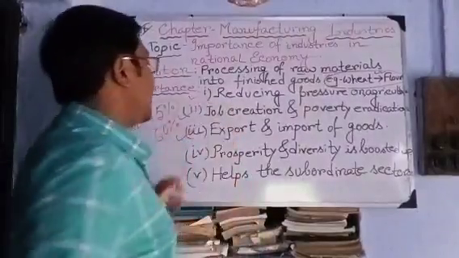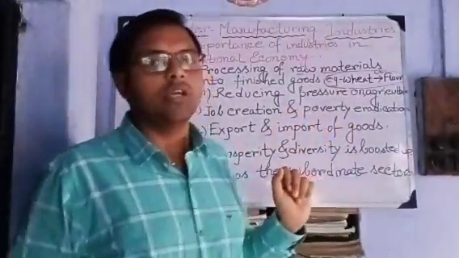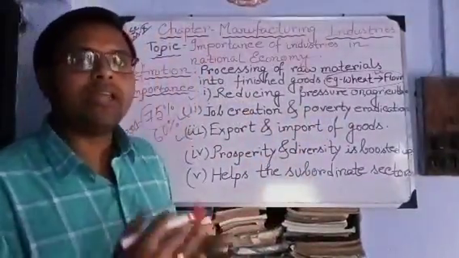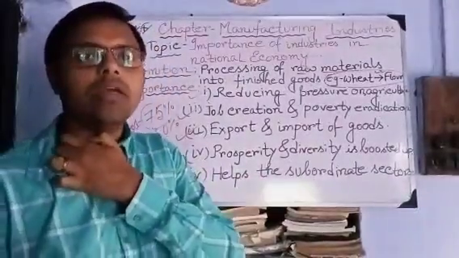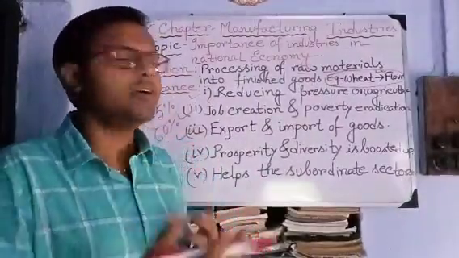Third one: export and import of goods. It helps the export and import of goods. Various types of raw materials like coal and manganese are utilized.